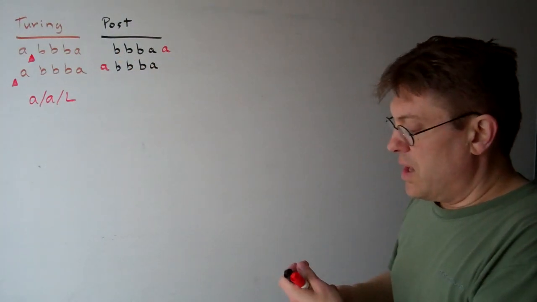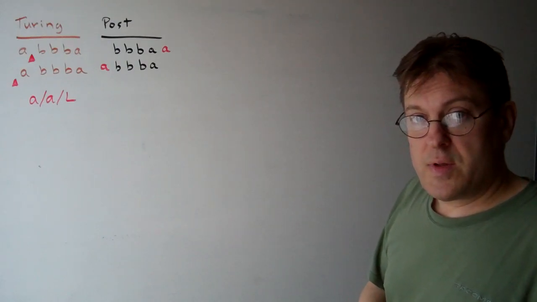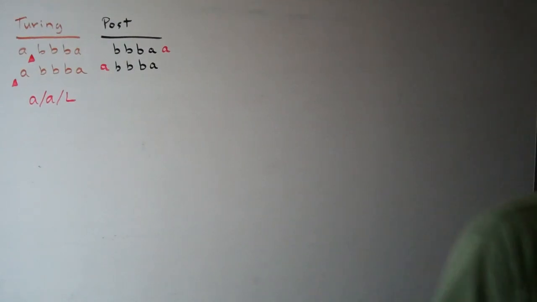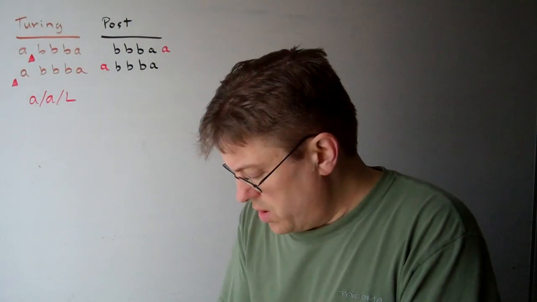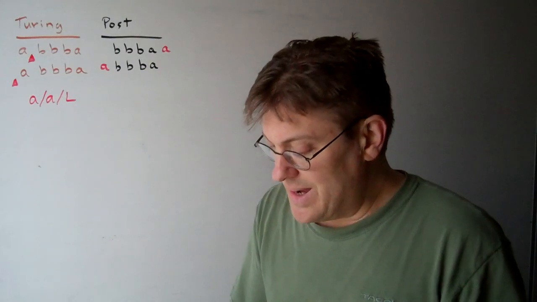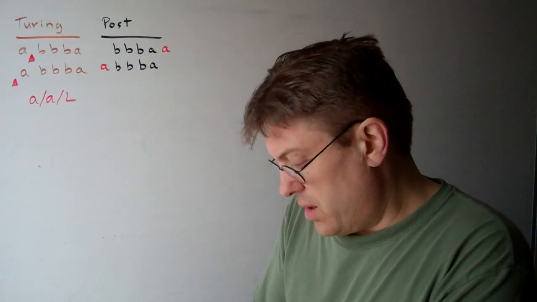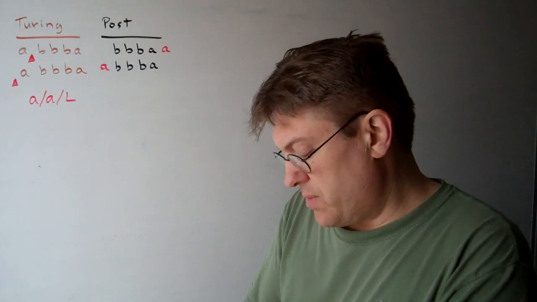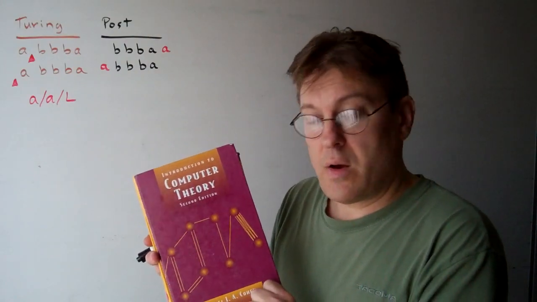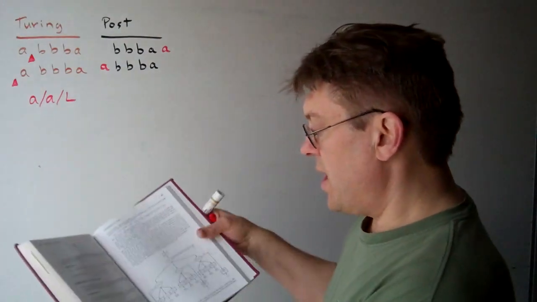So let's go through this diagram, and I believe it's on page 469 of the Introduction to Computer Theory textbook by Daniel Cohen. This book right here. It's on page 469.